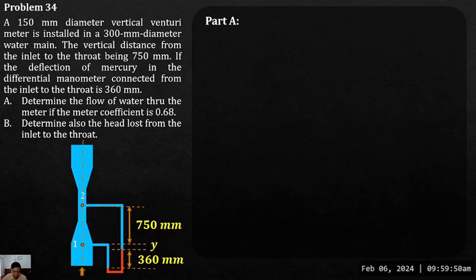So of course, we have to use muna yung energy equation na walang head loss. Okay, so bali yung gagawin natin, solve natin yung theoretical na discharge. Tapos, using yung value ng meter coefficient, masasolve natin yung actual discharge. Okay, kasi wala ding binigay na head loss eh.